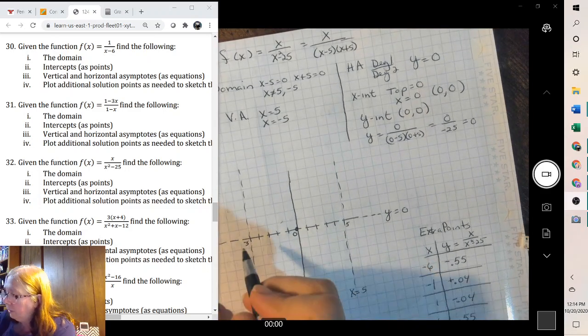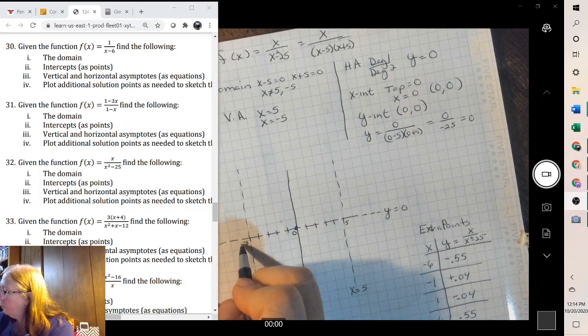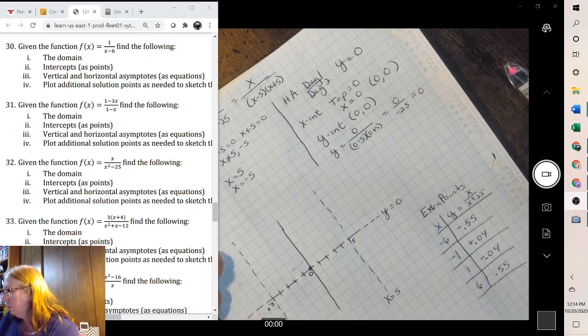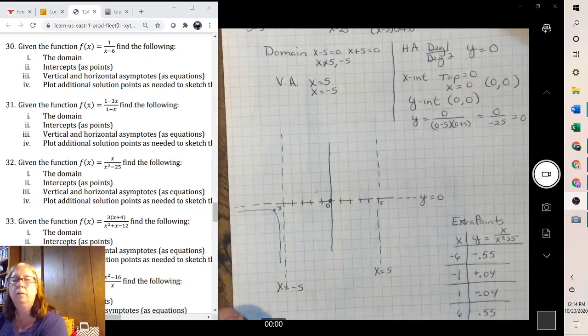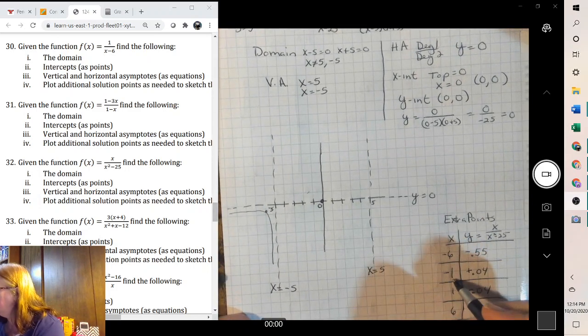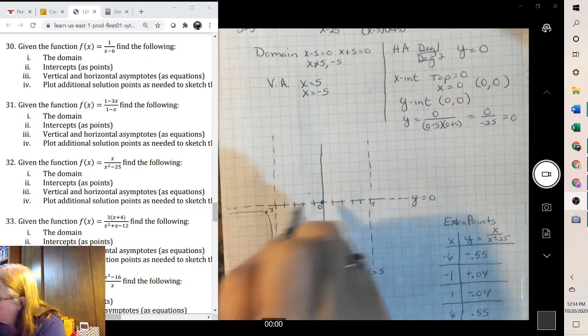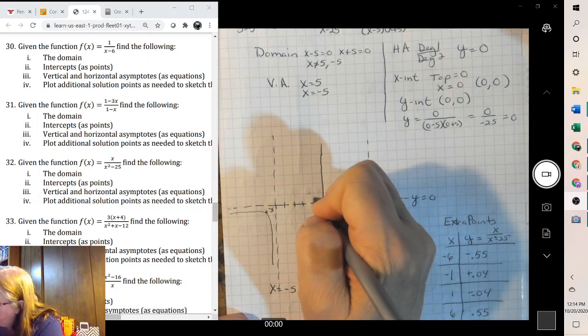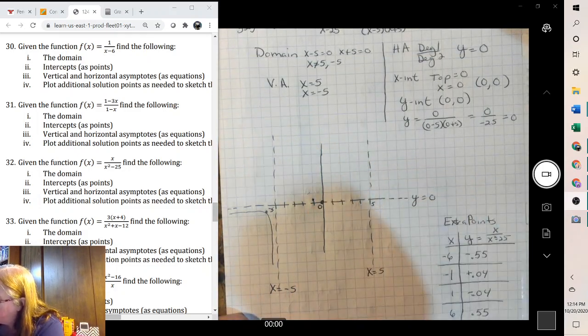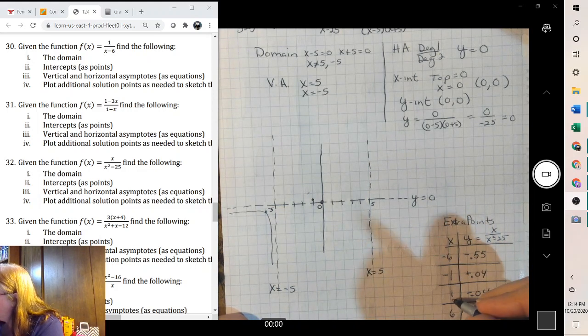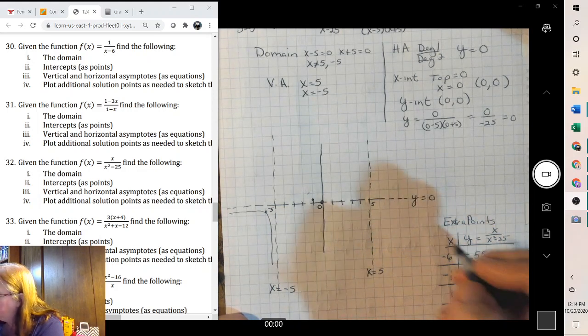So -6 and then a negative almost half tells me the graph's down here. This one, -1, and it's up here. So like here. And then +1, it's down here.